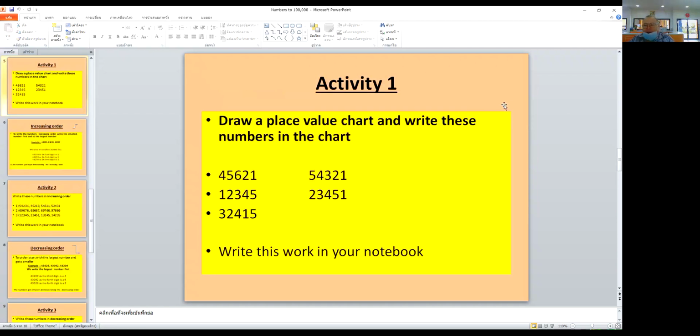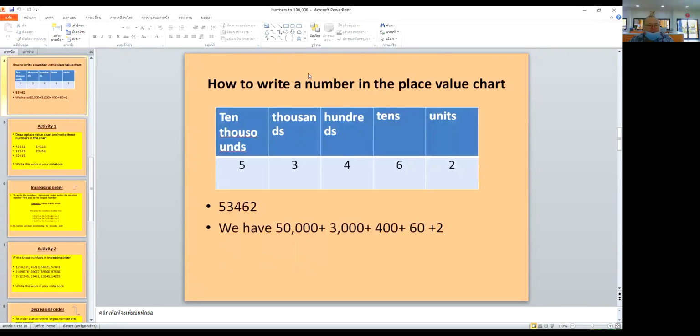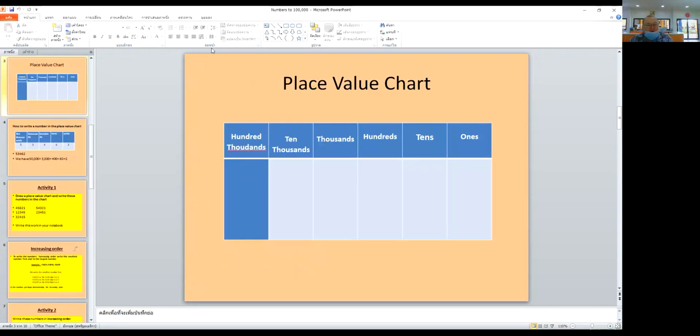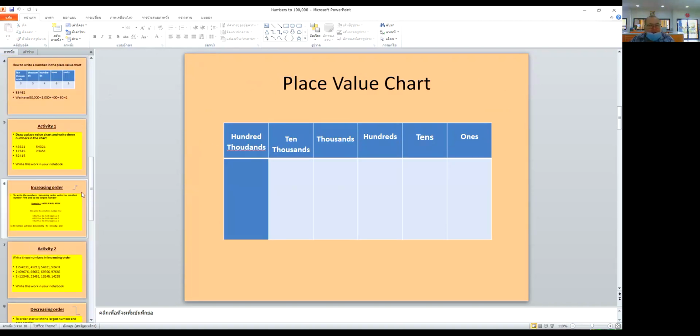So let's have a look at a chart. You need to now draw a chart in your samut, your notebook: 100,000, 10,000, 1,000, hundreds, tens, and ones.